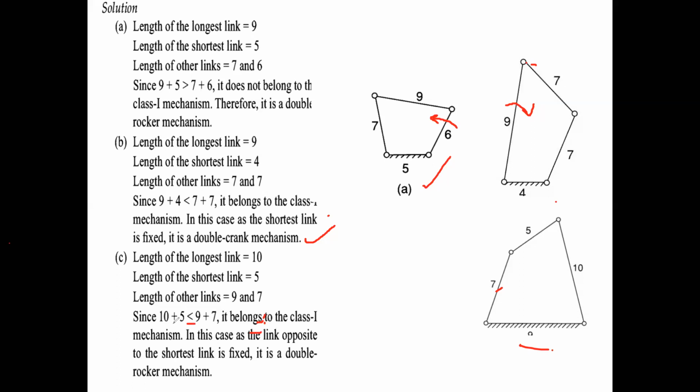So again, it has the less than symbol. When we get the less than, this belongs to the class 1 mechanism, and in this the link opposite to the shortest link is fixed. Just observe which link is fixed here. The fixed link is opposite to the shortest link.